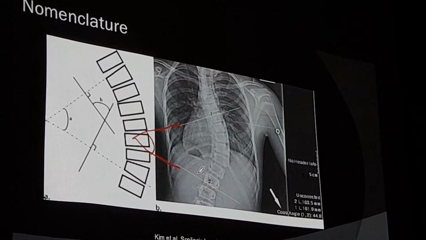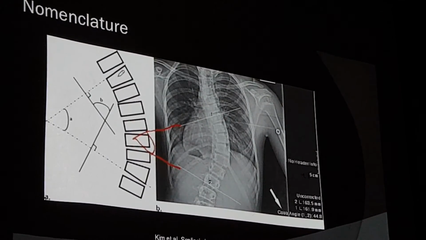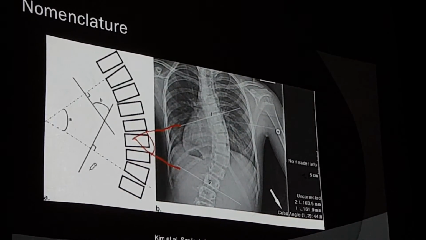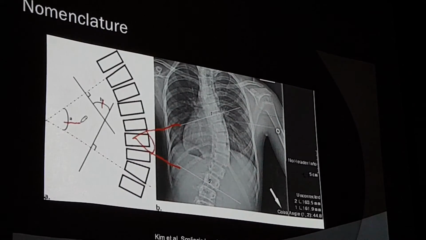Go back to basic high school geometry and you will see that for a line like this, there is a geometric theorem which says that if you draw perpendicular lines to this line and another perpendicular line to this line, the angle formed by those two lines, this angle is equal to this angle. So that's all you're going to do.